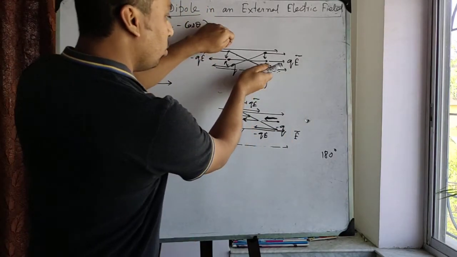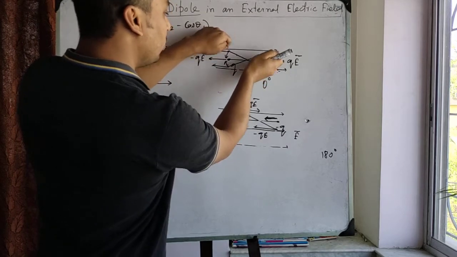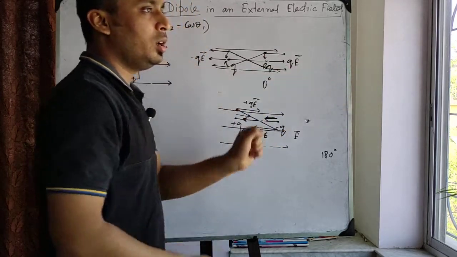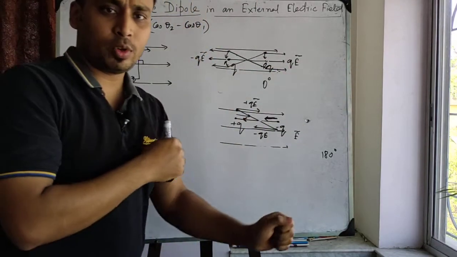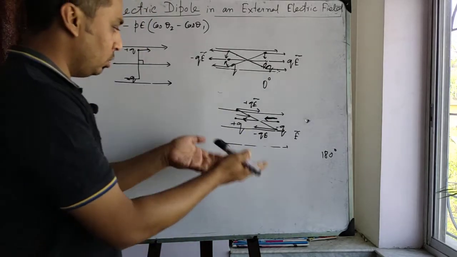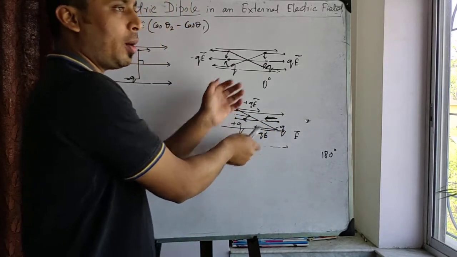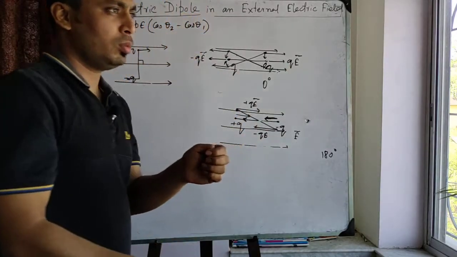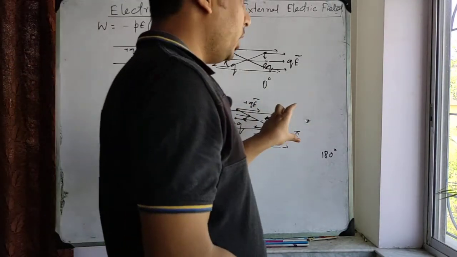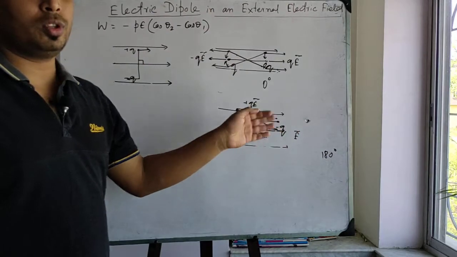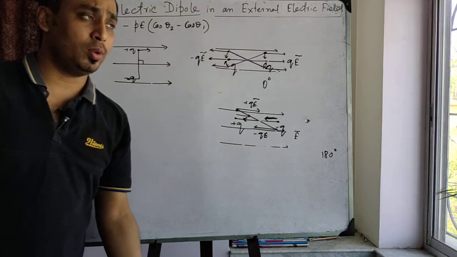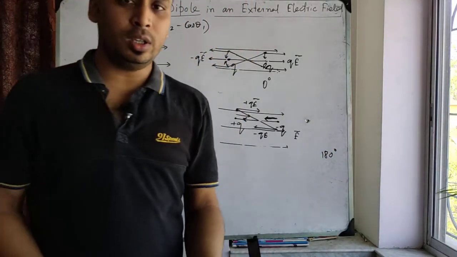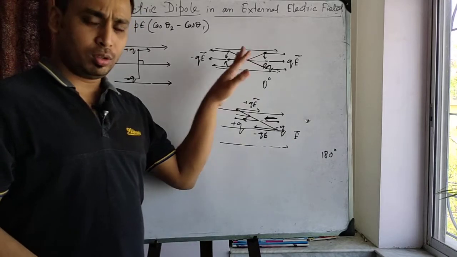In the previous case, both forces tried to move the dipole along the field direction. In this case, they are trying to rotate the dipole in opposite directions. So the dipole will never come back to its original position. It will be rotated and come from the unstable equilibrium position to the stable equilibrium position. So what is the unstable equilibrium position? When the dipole makes an angle of 180 degree with the field direction. Is it clear?